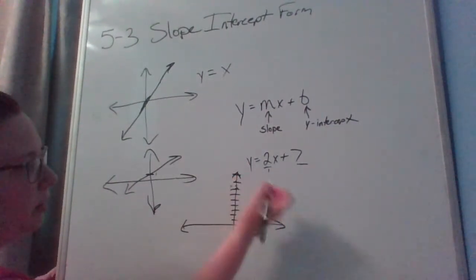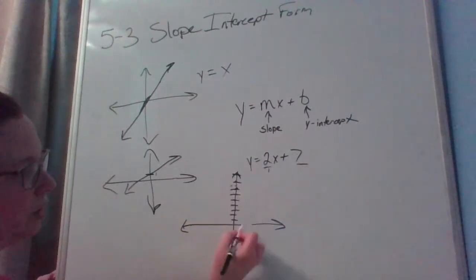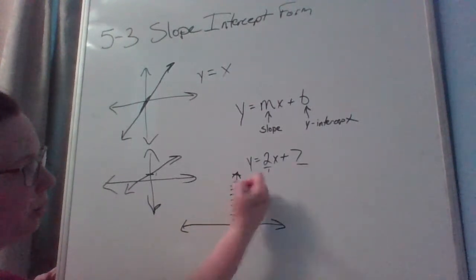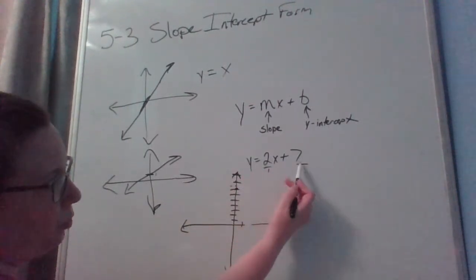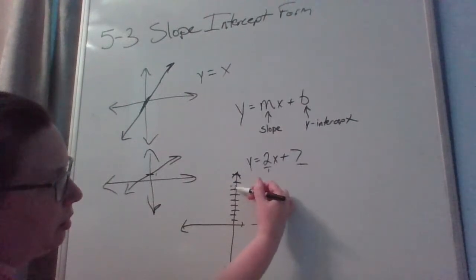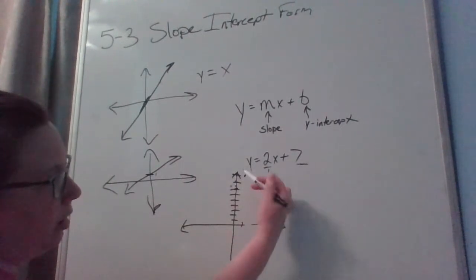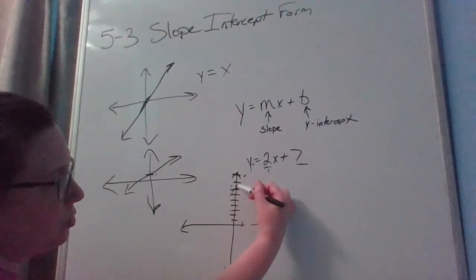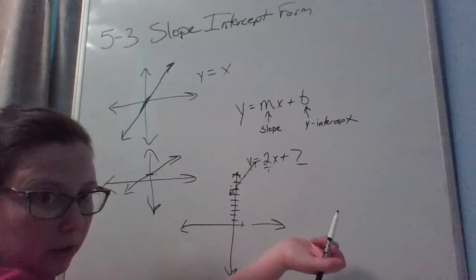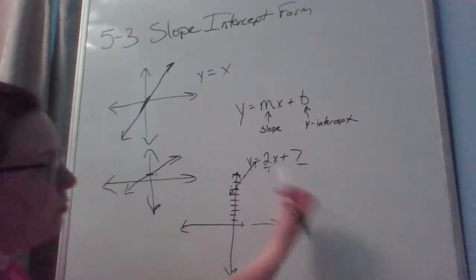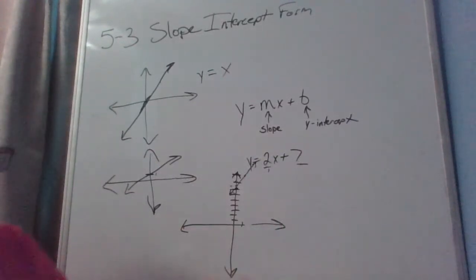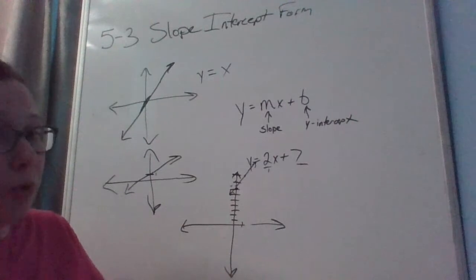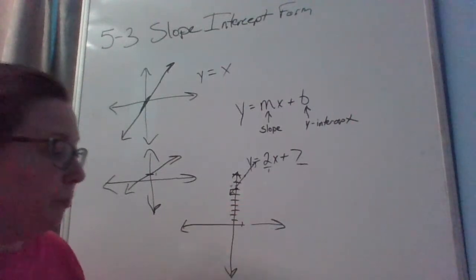So I can then go up 2 and I would go over 1. So from your y-intercept, which is 7, we would go up 2 over 1. And we could do that again, up 2 over 1. As soon as you have 3 dots, you can make your line and you're good to go. Fantastic. I absolutely adore slope-intercept form.